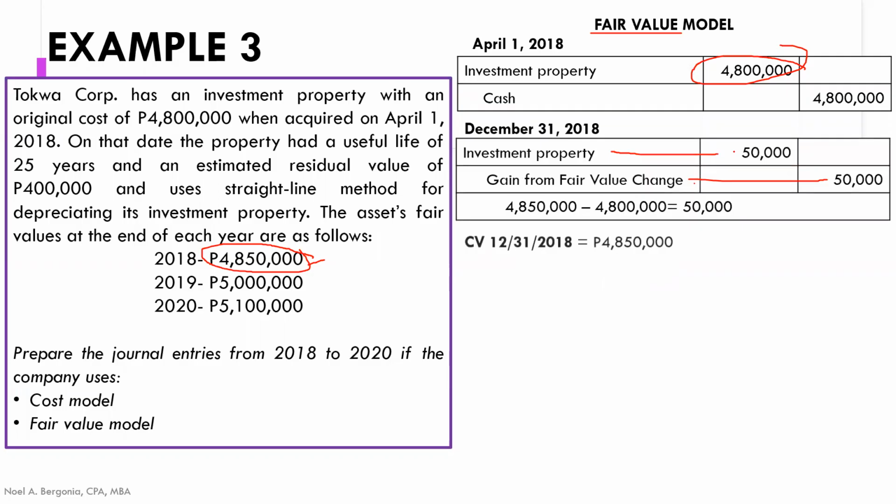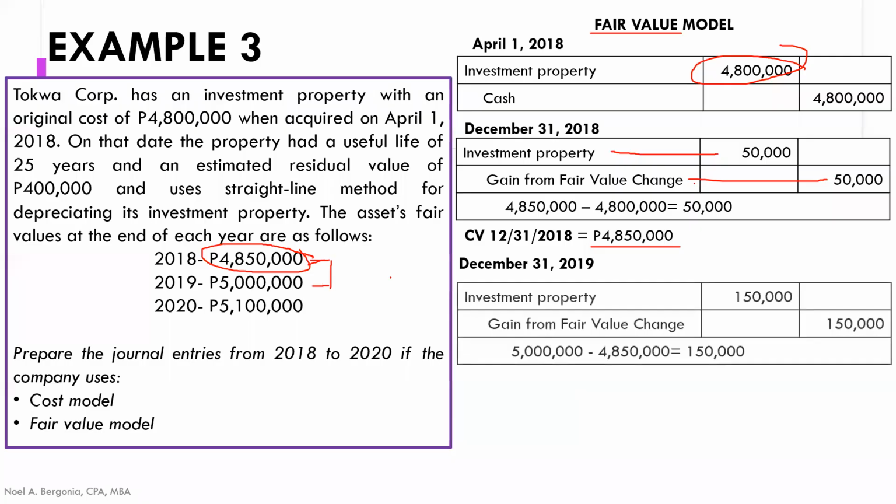Okay, so let's proceed now with 2019. On December 31, 2019, its value increased further, it became 5 million pesos. So our comparison is the previous fair value, which is 4,850,000, and the new fair value.